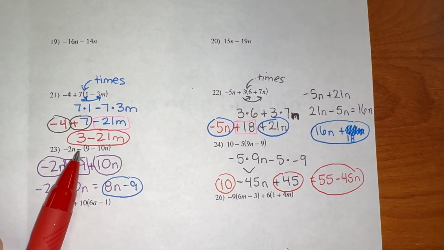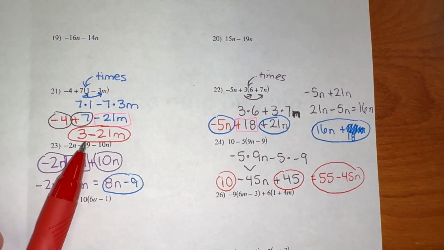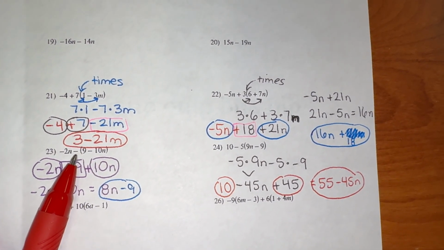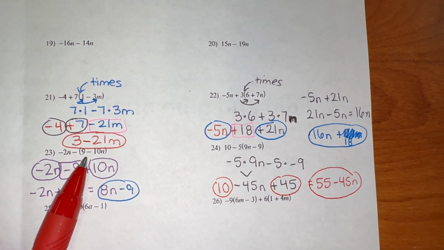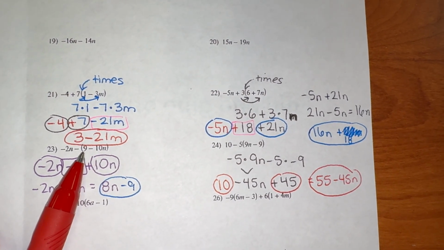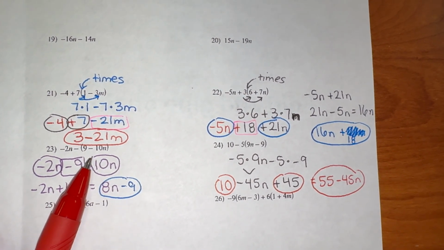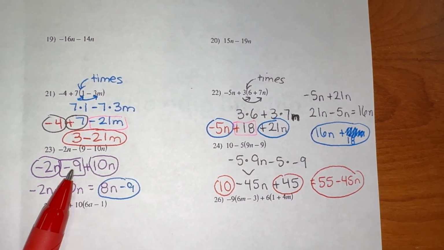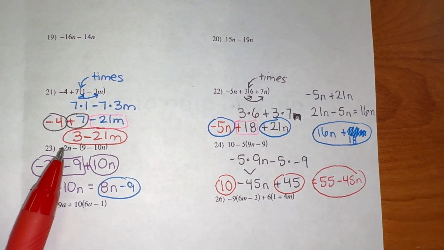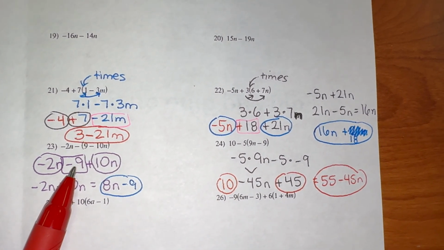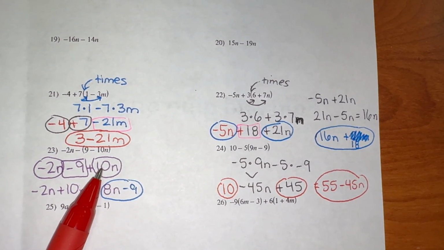So it's like just multiplying the negative with the inside terms, like a negative 1. So that means everything that's inside that parentheses just turns negative. Or if it's already negative, it turns positive. So you want to rewrite it with negative 2n, bring that down, negative 9 plus 10n.